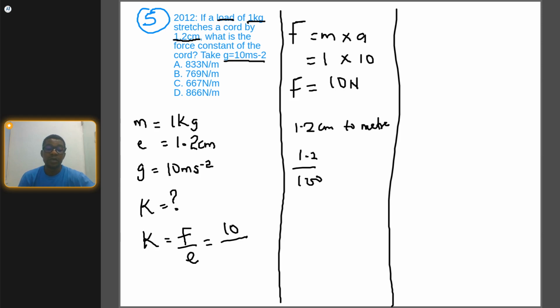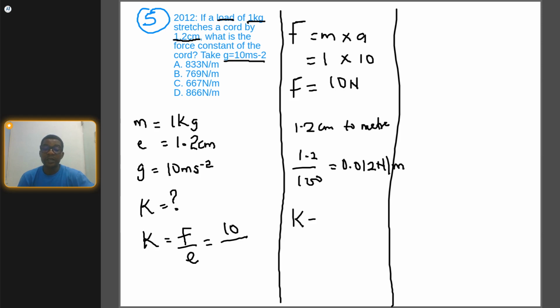That gives us 0.012 meter. So we've gotten the force, we've gotten the extension to be this value.